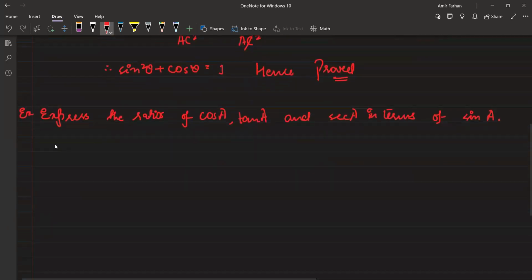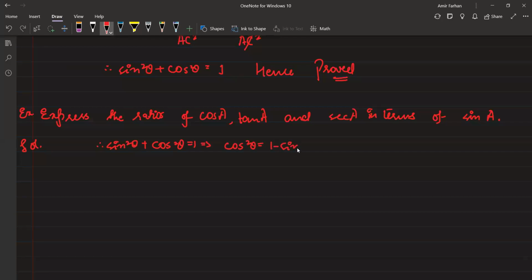Okay, Adil. So let's understand what the question is basically saying. Adil, can you tell me, if we have to convert cos into terms of sine, what should we do according to identities? Adil, can we write this thing as cos A equals square root of 1 minus sin square A?